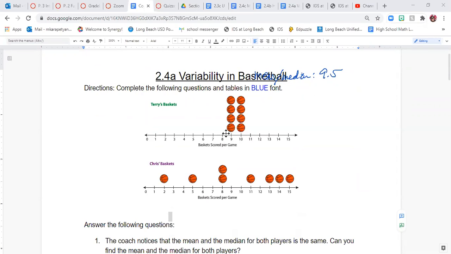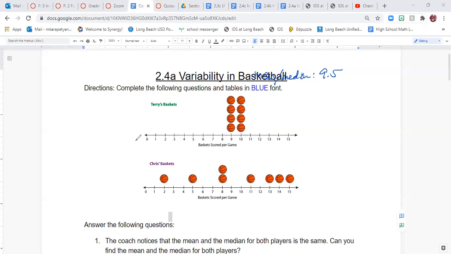So this means that he scored 9 baskets in one game, 9 baskets in another game, and so on. Oh, okay, then yeah, I agree with Dallas. Okay, thank you. You're not the only one that's had that confusion. I had a few kids in my other classes have that confusion. It's the number of baskets they've scored, not which game, right?